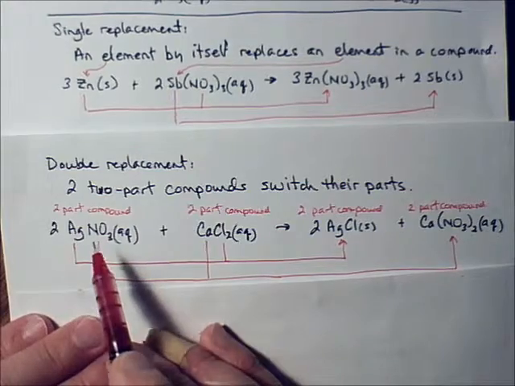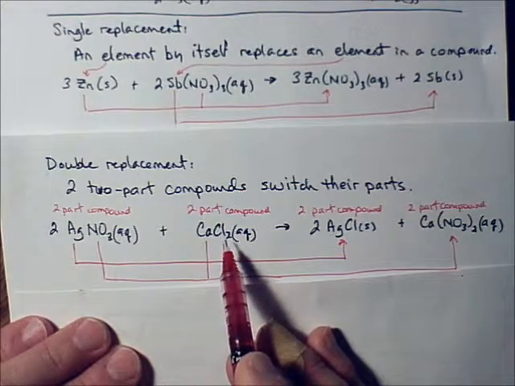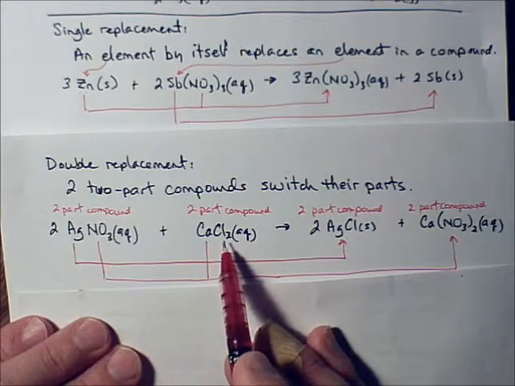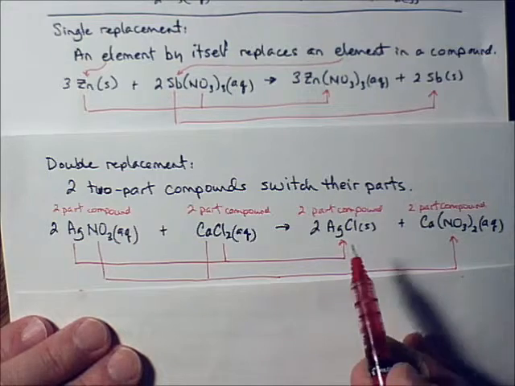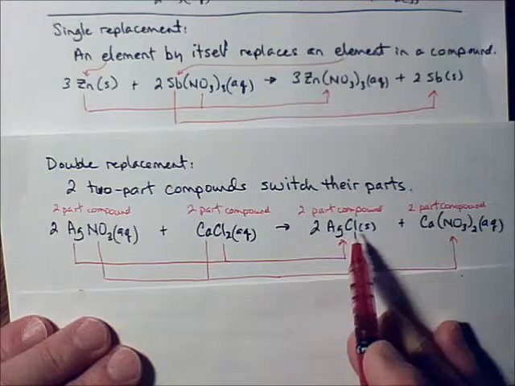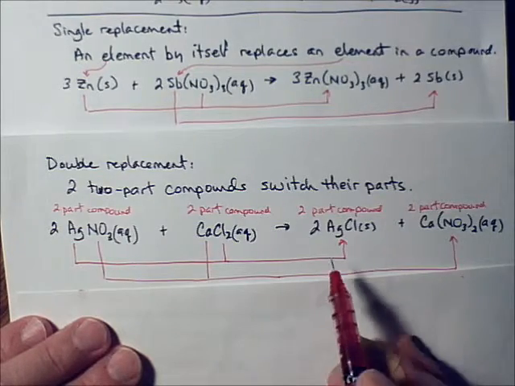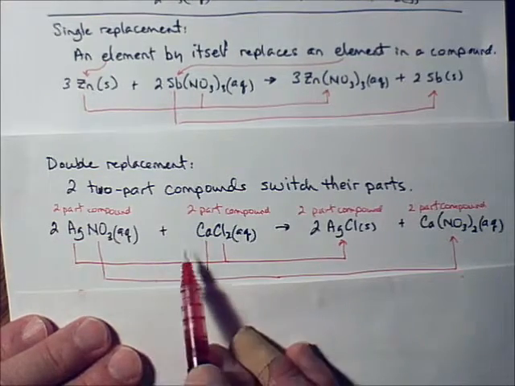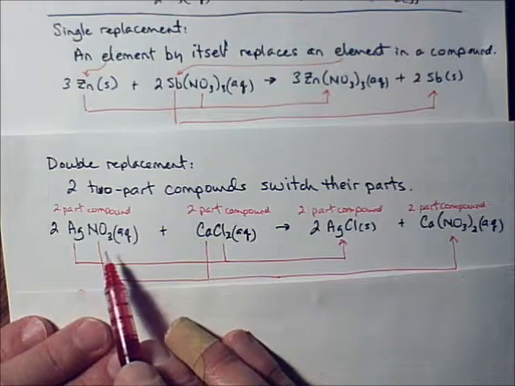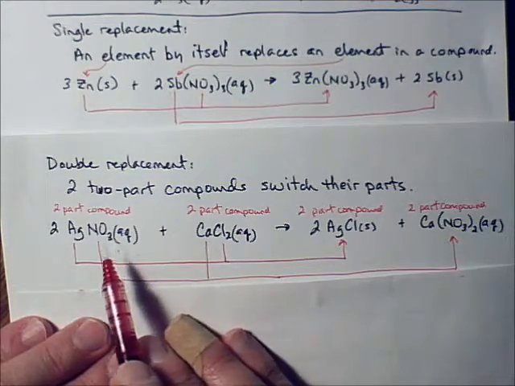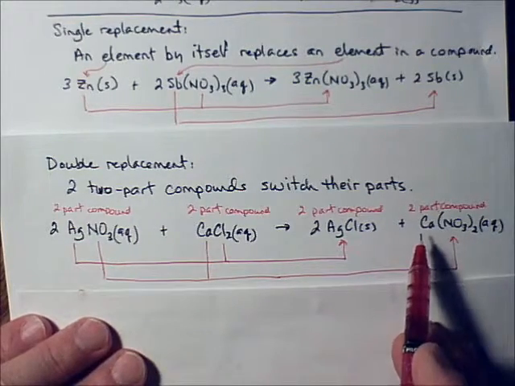So here's what's happening. The front part of this compound joins up with the back part of this compound, and you end up with Ag and Cl together to make this compound. And Ag has a 1 plus charge and Cl has a 1 negative charge, so 1 and 1 makes a balanced compound. Then the front part of this compound joins up with the back part of this compound. So the calcium joins up with the nitrate to make calcium nitrate.